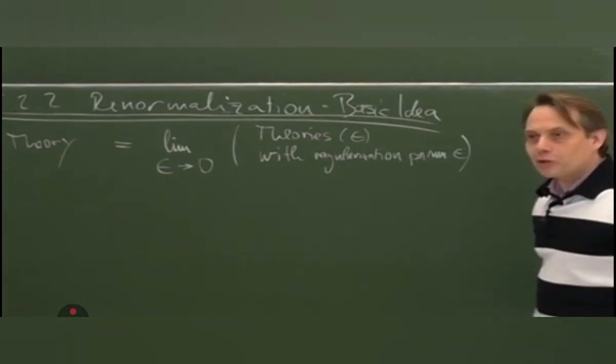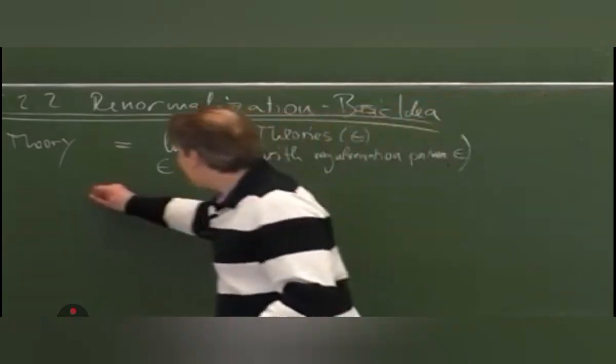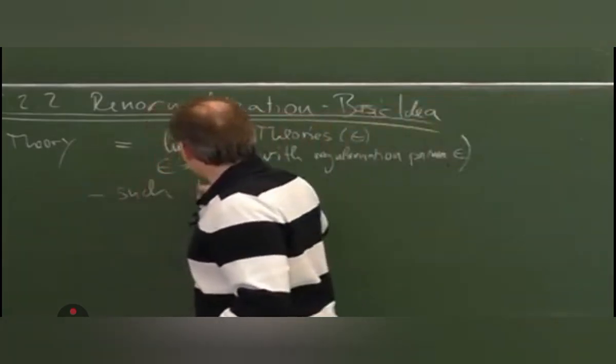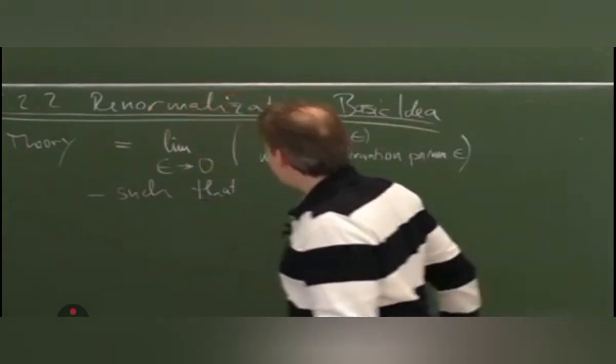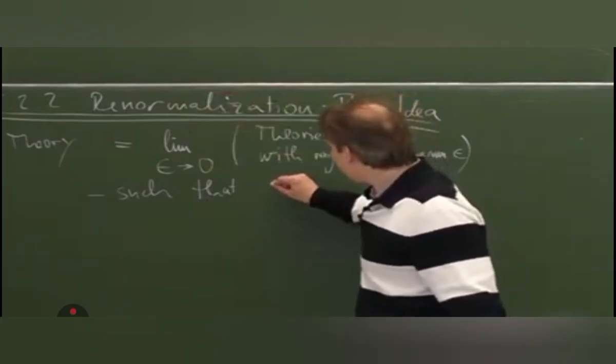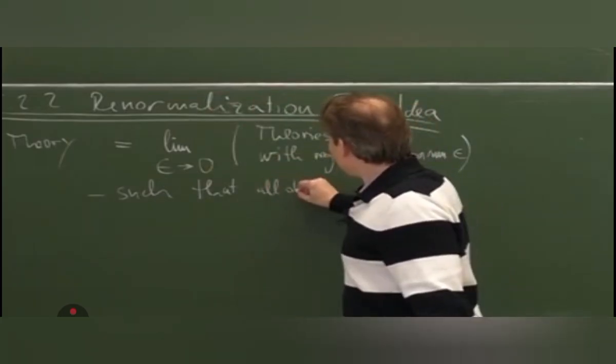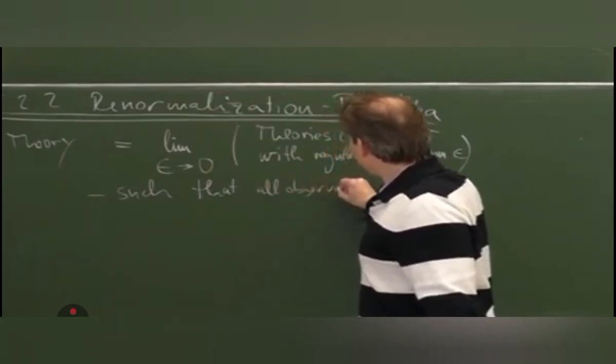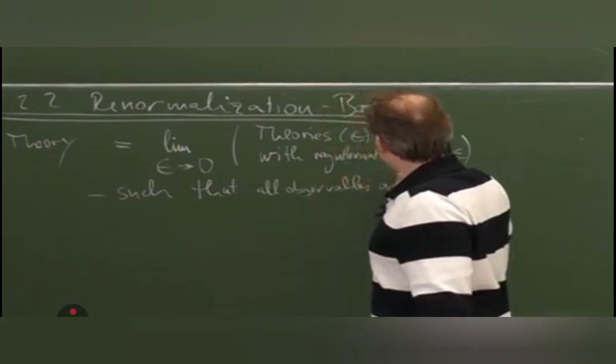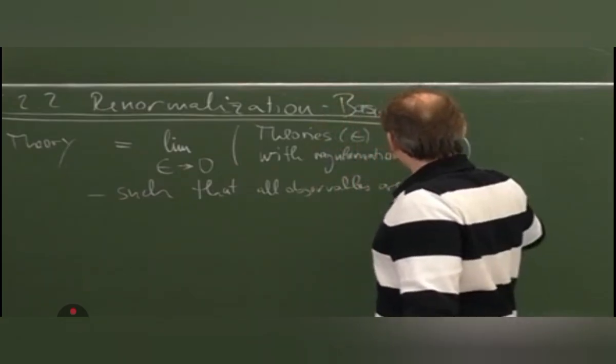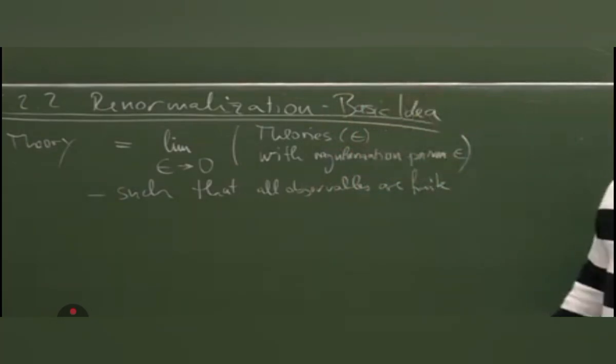And that limit should be taken in such a way that two criteria are satisfied, namely on the one hand all observables are finite, of course, and that the limiting theory is actually sensible in physics terms.